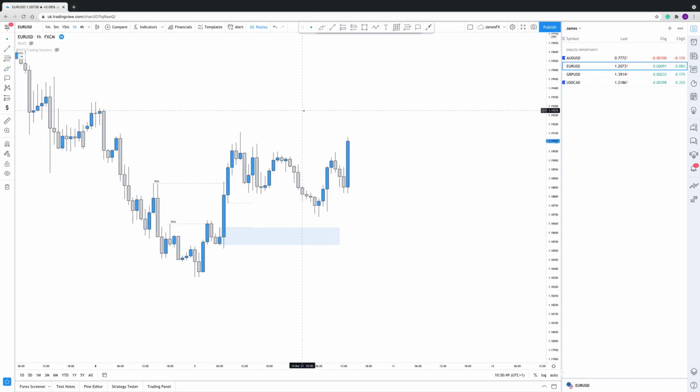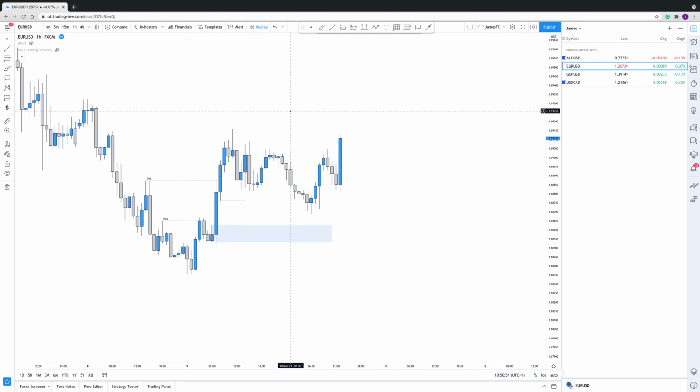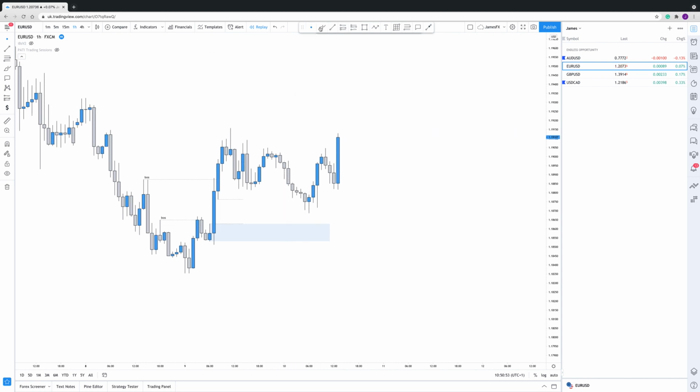So if we look at the next example, what have we got? Well, now we know that we've pushed off from here. This move up hasn't broken any structure. We just wicked this high, forming these equal highs here. So we can put that on. Equal highs basically means, the same way you look at a double top, there's liquidity above equal highs.